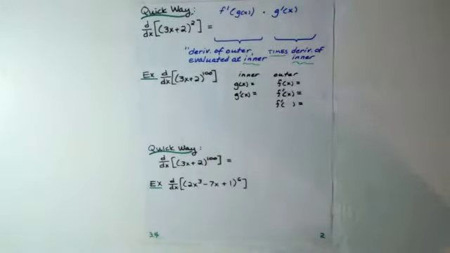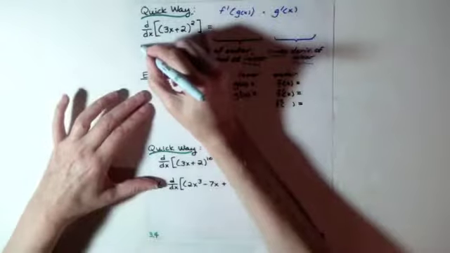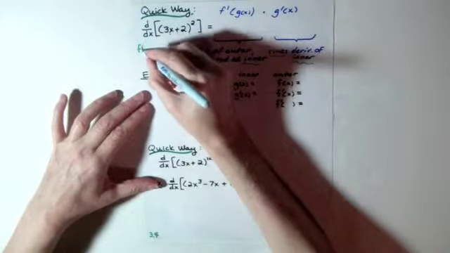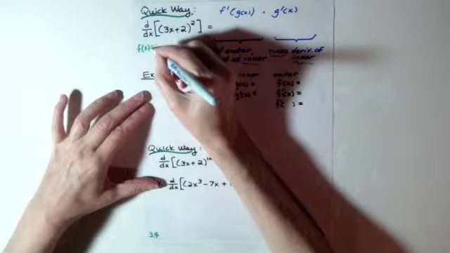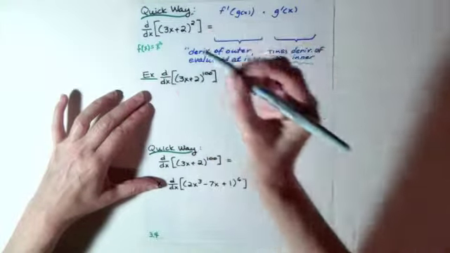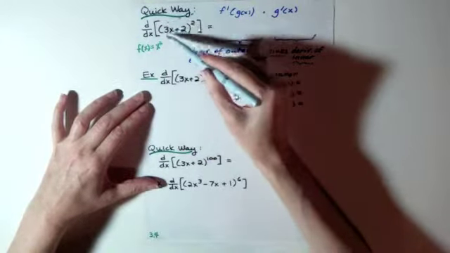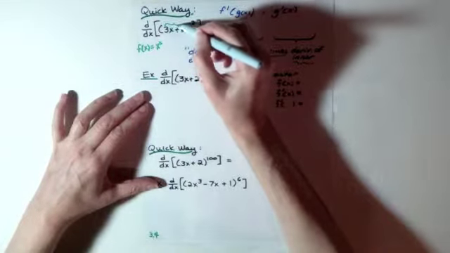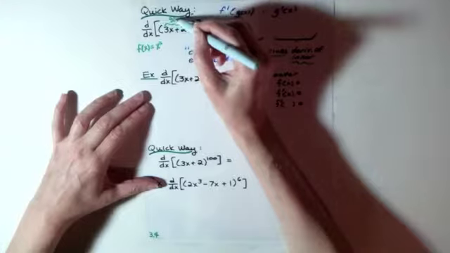Well, remember in our heads, and I'm going to write this down even though we're not going to do it this way when we do the quick way, you're thinking, oh, I can see that the outer function is x squared because the inner function is what's inside these parentheses. This is our g of x.